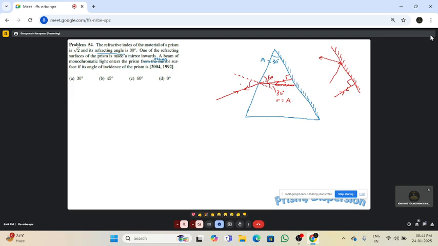So this is your angle of incidence. I know mu, so I can find sin I by sin R is equal to mu. So sin I is what they are asking you to find, the angle of incidence. So sin I divided by sin R, sin 30.